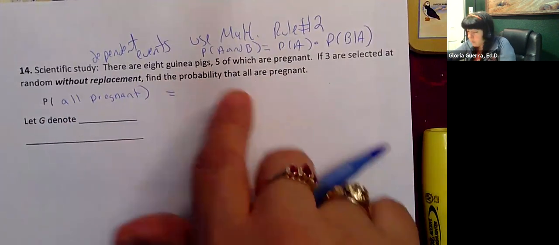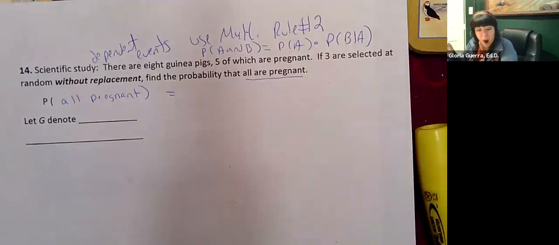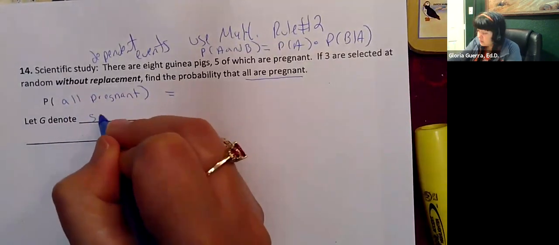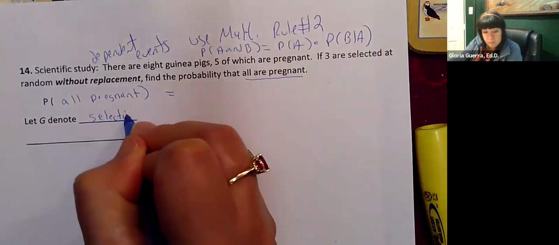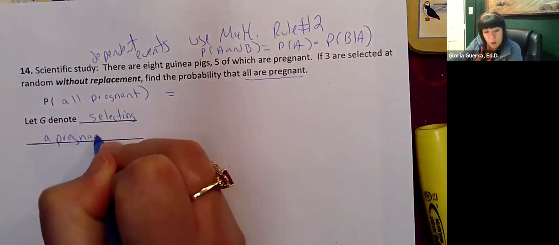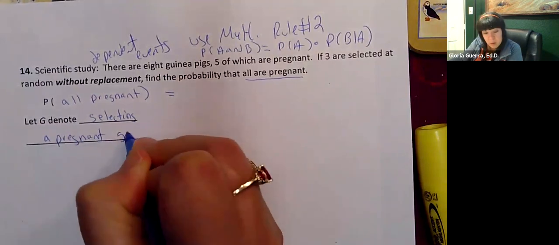The G denotes selecting a pregnant guinea pig.